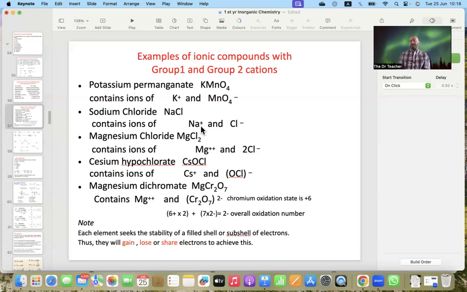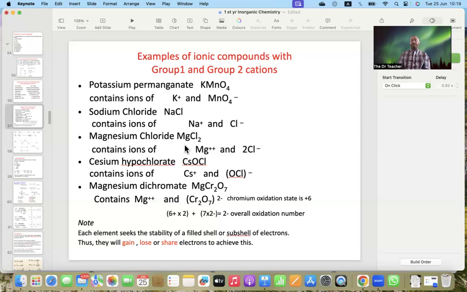When lost, became positive charge, and this one gained the electron to become minus charged. So now we have sodium and chlorine, positive and negative, will become neutral, will become salt, and the salt is stable, no charge on the molecule.